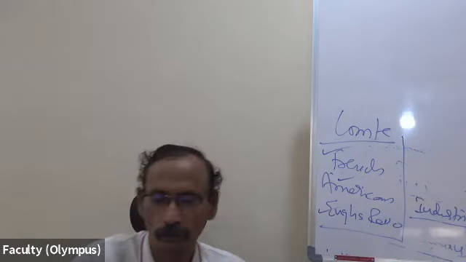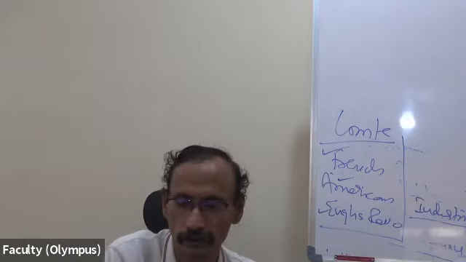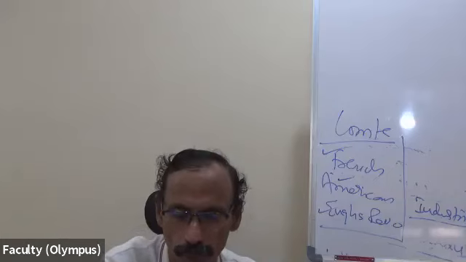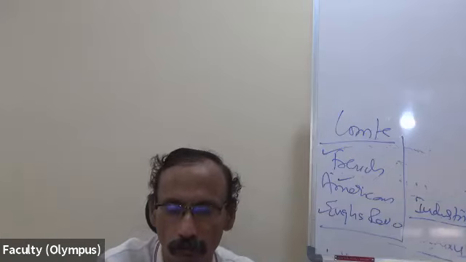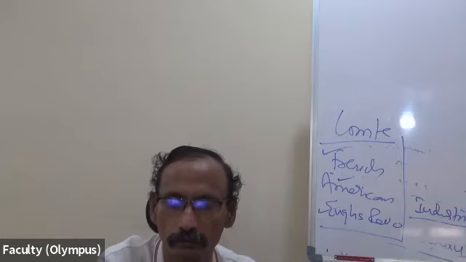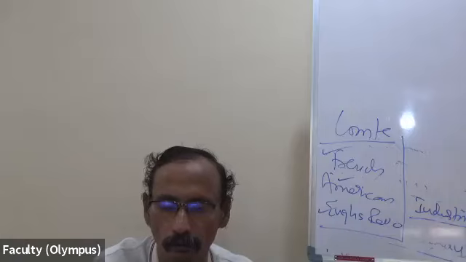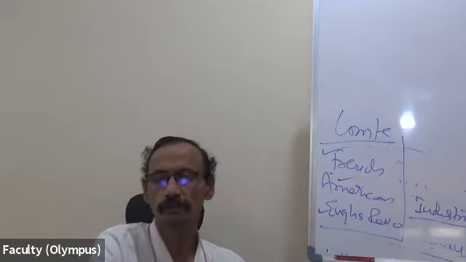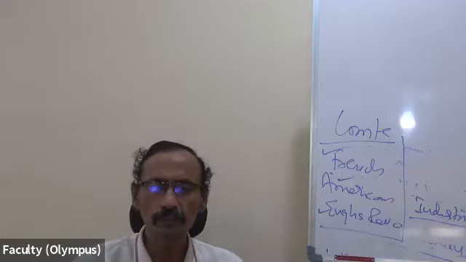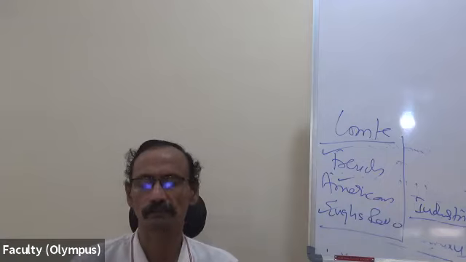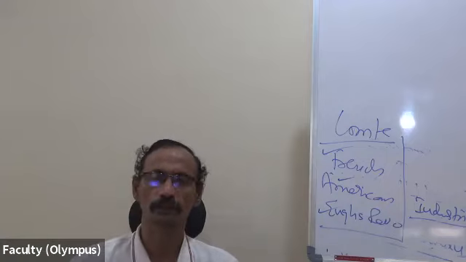So, for example, how did the French Revolution contribute? I'll just tell you how you are supposed to write. How did the French Revolution contribute towards the ideology, towards the thinking that the society should be changed?